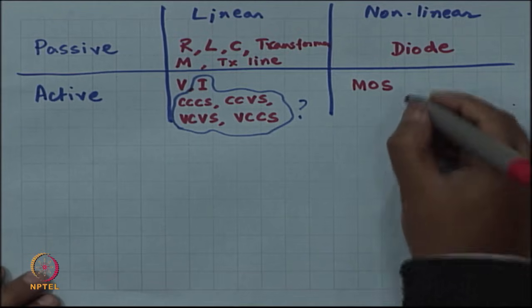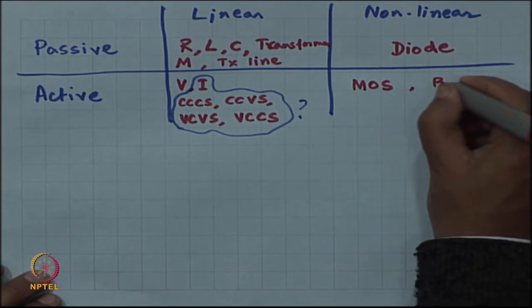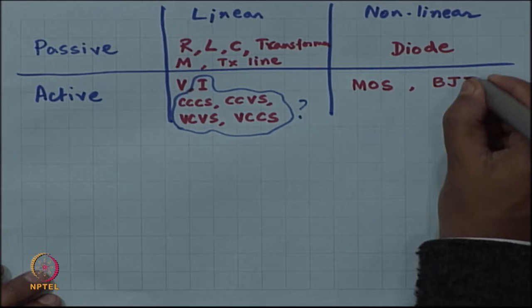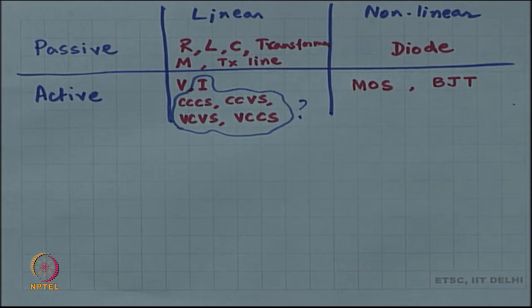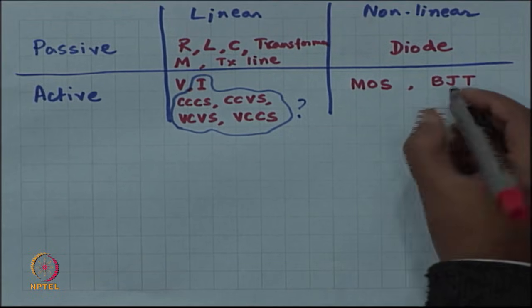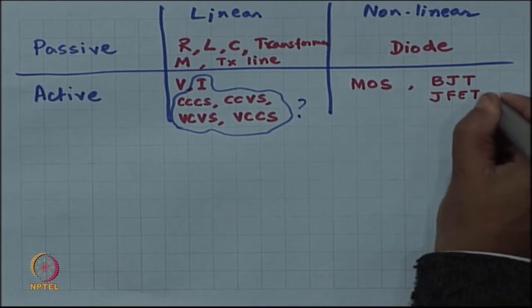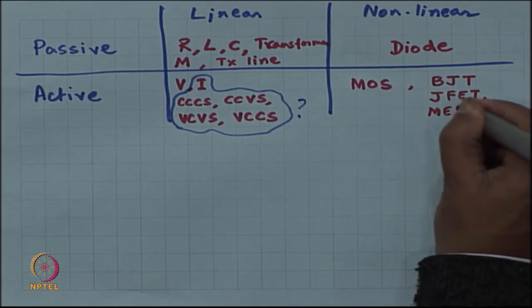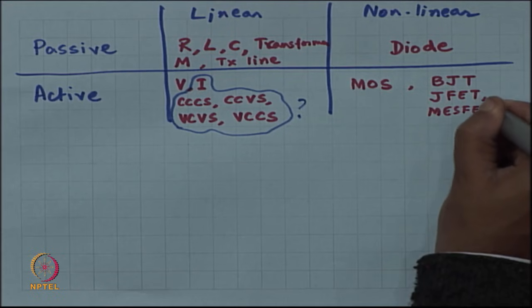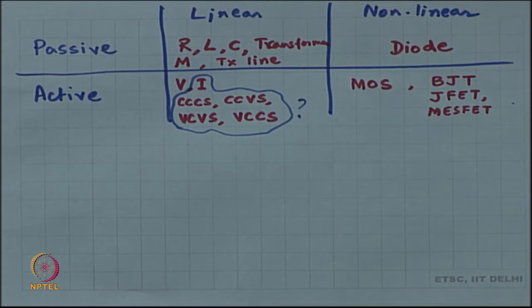And like the Mosfet, there is another transistor called the bipolar junction transistor. And then there are lots of other different kinds of transistors. There are JFETs, all kinds of other MESFETs, all kinds of other devices exist, and all of these are non-linear but active devices.